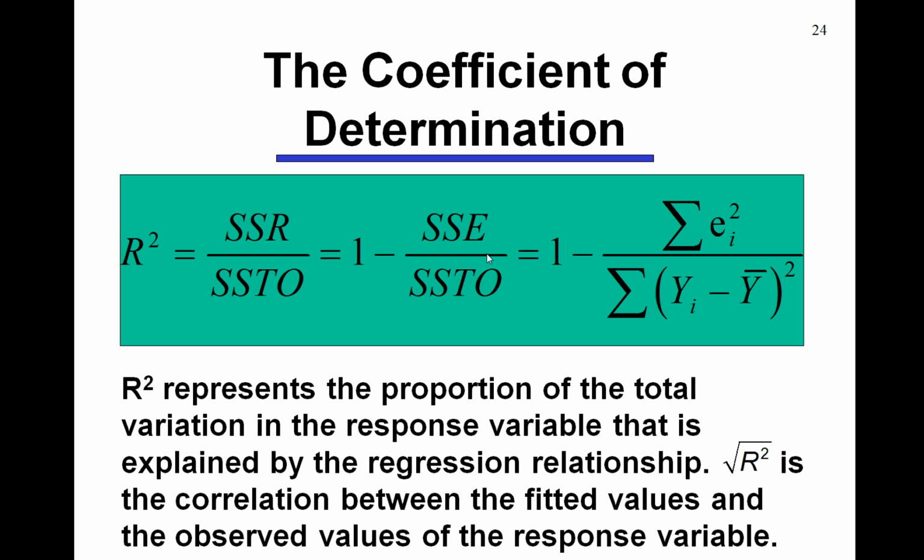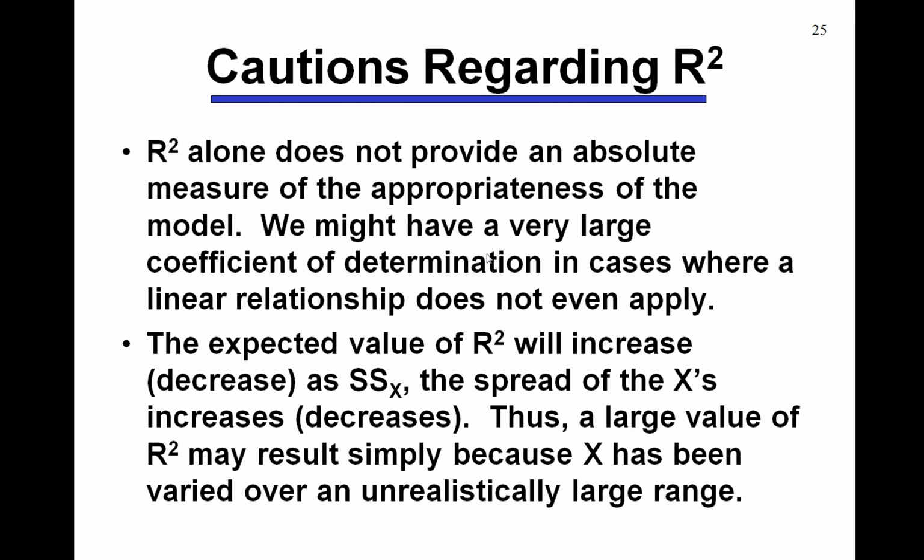And of course, the square root of R squared represents the correlation between the fitted values and the observed values of the response variable, and you can confirm all that by doing a little bit of arithmetic. I do want to mention to you that R squared is sometimes abused, and I don't want you to confuse the degree of linear association between x and y with the usefulness of the model.